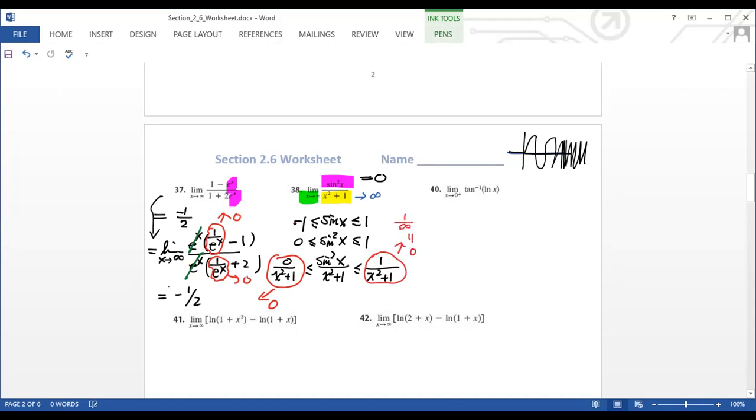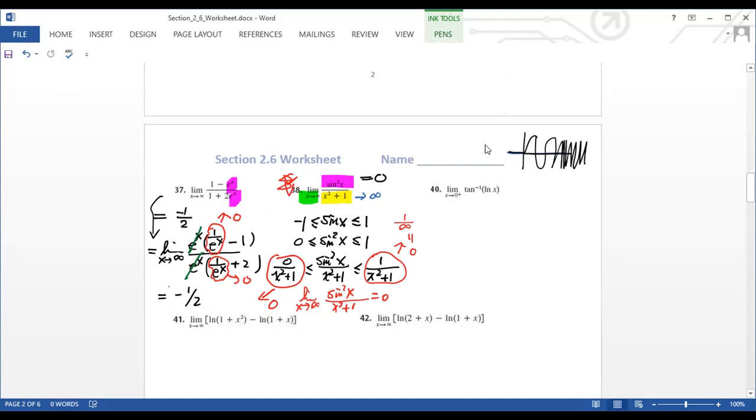So this is 0. So see here, it was squeezed by both 0 and 0. That is why the limit as x approaches infinity of sine squared x over x squared plus 1 is equal to 0, right? So it's very important. It's different from what we did before, okay? So be very careful here.